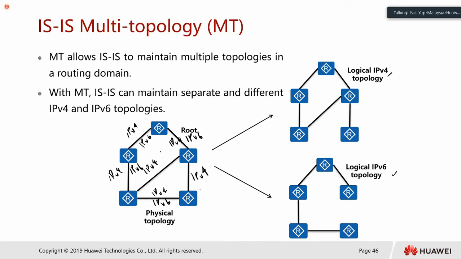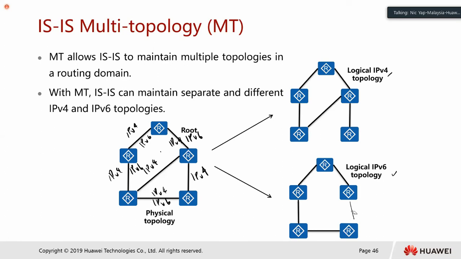So in this case, when I do not have IPv4 over here, and this path is uncalculated, just like when you are using the single topology, they will do the calculation for you as well, but using the IPv4 calculation. But your traffic cannot be forwarded through this path because it's using the IPv4 calculation.